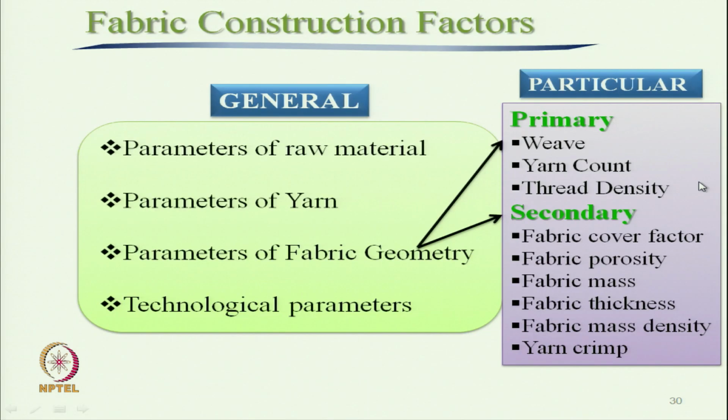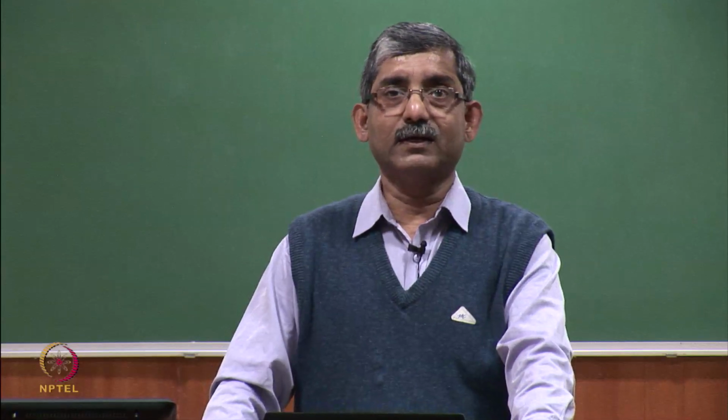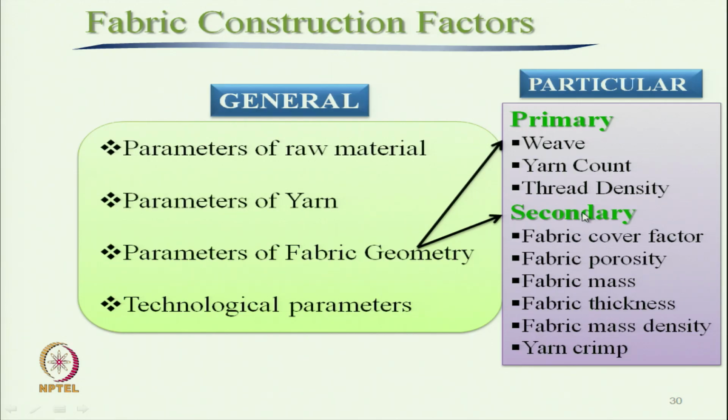So, thread density should be high, and depending on the weave, yarn count and thread density, there are secondary factors which are dependent on the primary factors, like fabric cover factor, which depends mainly on yarn count and thread density; fabric porosity; fabric mass per unit area; fabric thickness, depending on the yarn count; and yarn crimp, depending on yarn count, thread density and weave pattern.